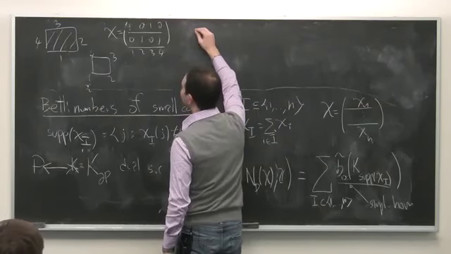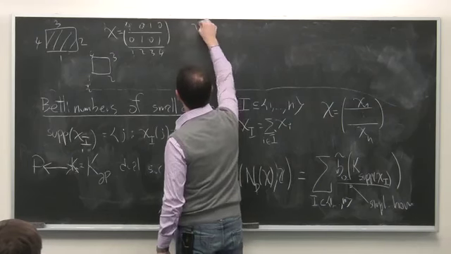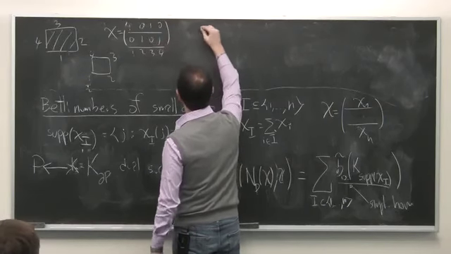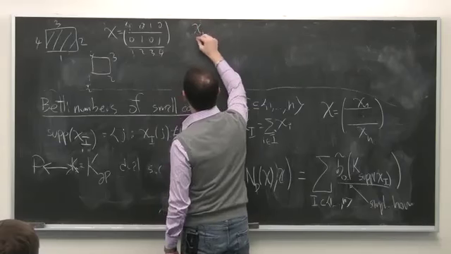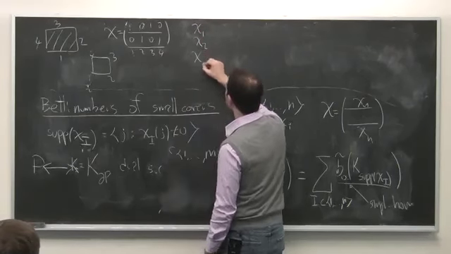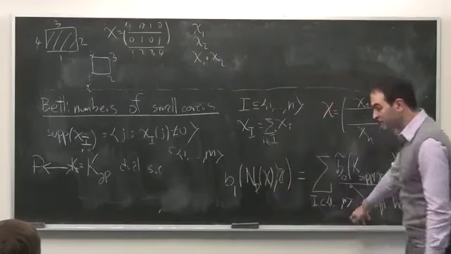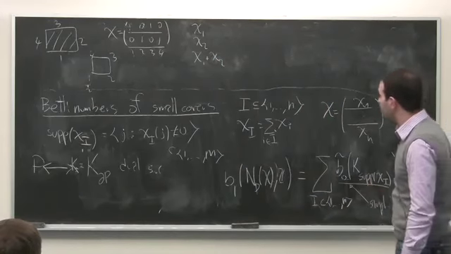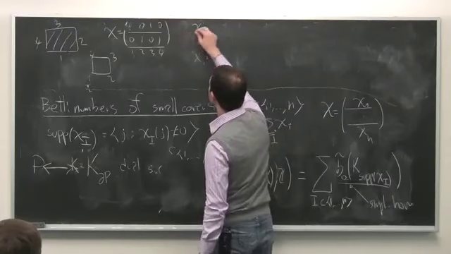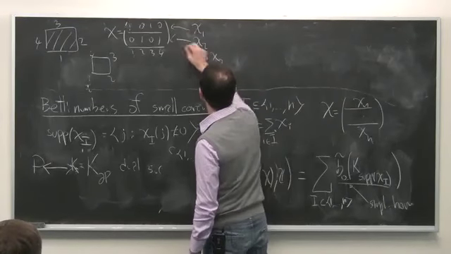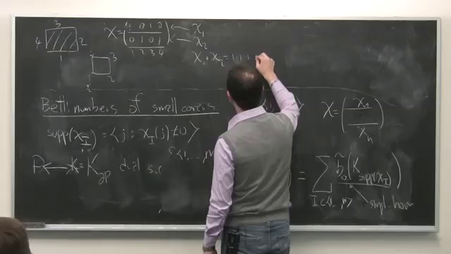Okay, so here we have n is 2, so we have 3 possible choices. We have chi1, chi2, or chi1 plus chi2. So these are the 3 chi's appearing in this sum. This is the first row, this is the second row, and this is 1, 1, 1, 1.